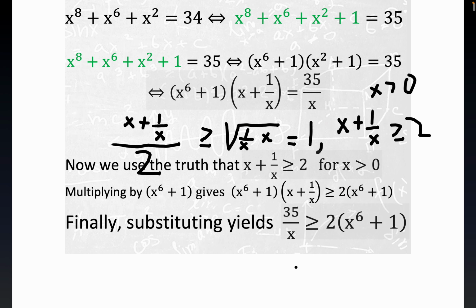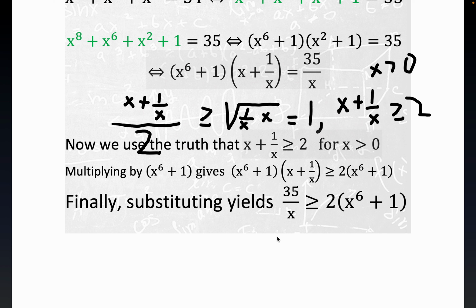Now, the rest of this is fairly routine. I just wrote down the work rather than take the time to write it out myself. But notice that if you divide by 2 and multiply by x, you actually get what we're looking for. You would get 35 over 2. So I divided through by 2, multiplied by x, so that would make this greater than or equal to x to the 7th plus x.